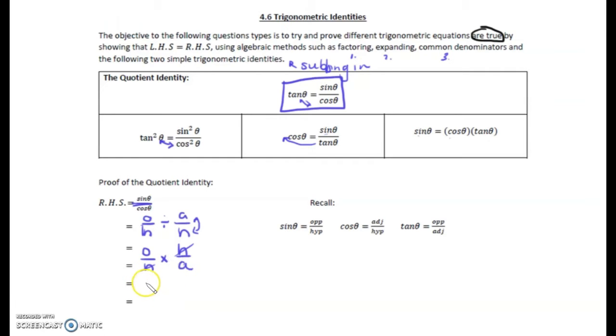These h's would cancel out, and we would be left with o over a. Well, what's o over a? Tan theta. So sine theta over cos theta, this is just showing you that if we divided o over h by a over h, we would actually get o over a, which again is tan theta.